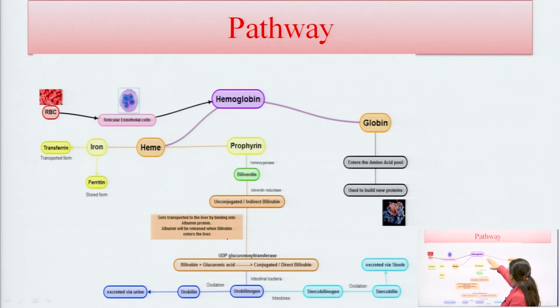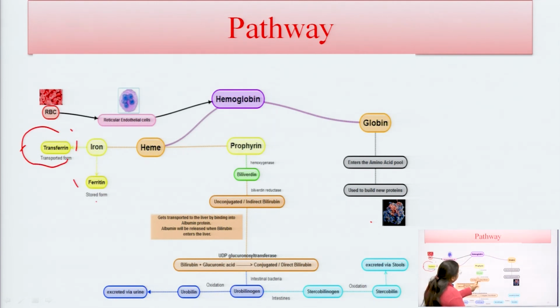Hemoglobin is broken down into heme and globin. Globin enters the amino acid pool to build new protein, and heme is converted into iron, which combines with ferritin to form the stored form of iron. Porphyrin is converted by the heme oxygenase enzyme into biliverdin, which biliverdin reductase converts into unconjugated or indirect bilirubin.